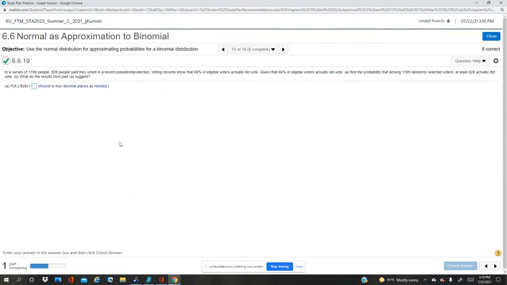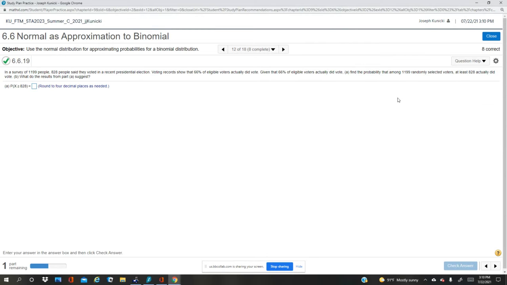Voting records show that 66% of eligible voters actually did vote. So that's P, 0.66. That's our assumption. Given that that's true, find the probability that among those 1199, at least 828 actually did vote.